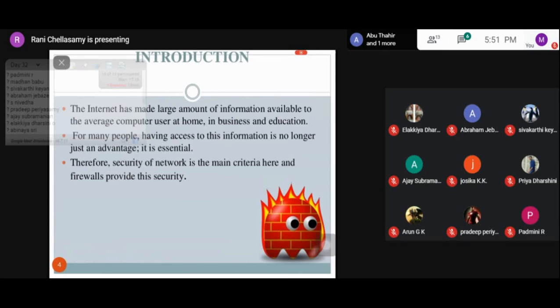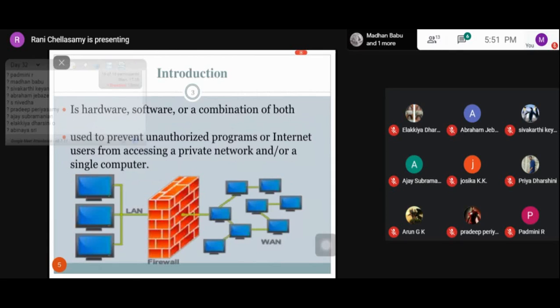Okay, and therefore, network security plays a major important role. So this network security is provided by the firewall. Okay, and here you can see the picture. So that is LAN connection is there and WAN connection is there. So in between these two, a firewall is there.